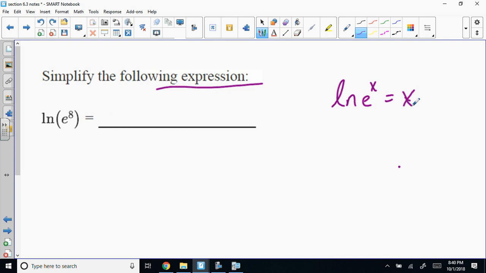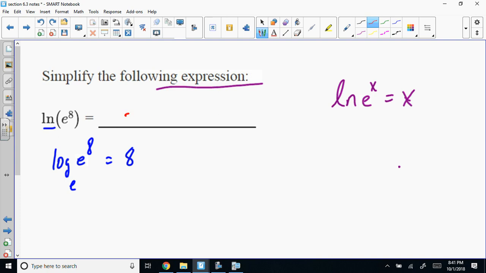There's also a property that says this is really log base e of e to the 8, when you have the base and the "of" being the same thing, you get just the exponent.